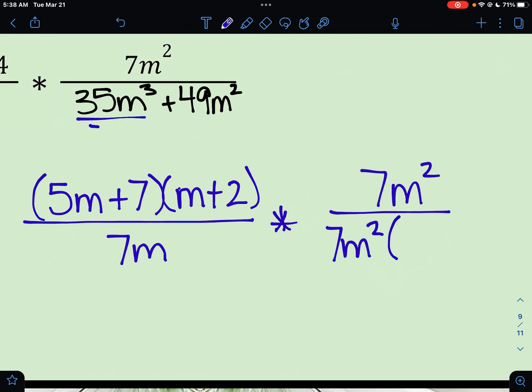And then when I divide that out, remember this is what you're doing. You're going to have 5m plus 7.